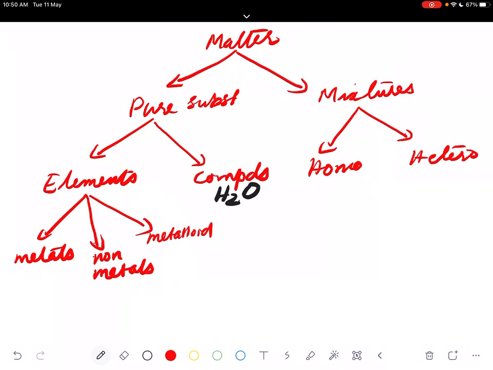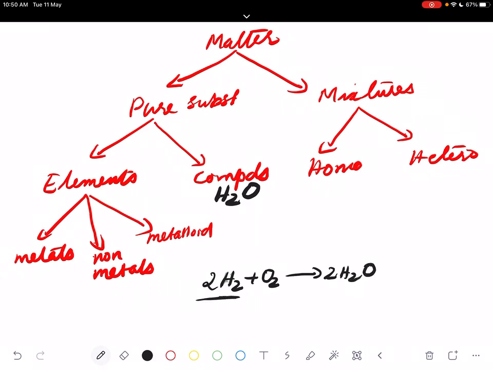H2O is made of hydrogen and oxygen. You see, 2H2 plus O2 gives 2H2O.